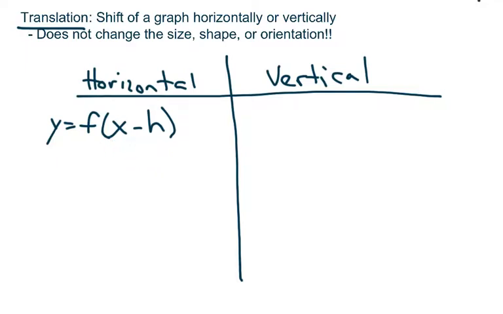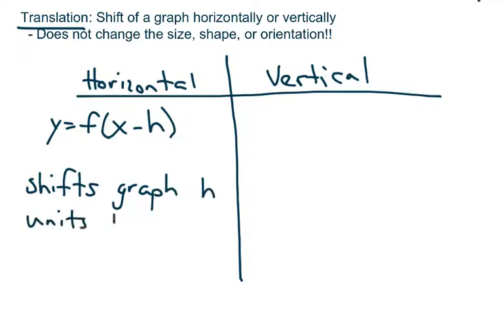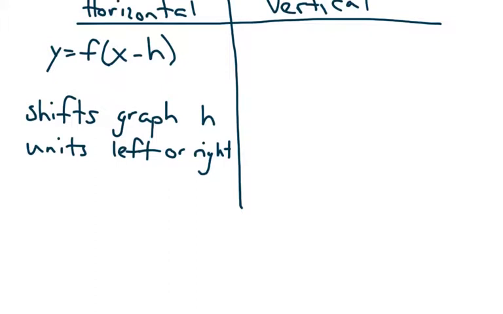What this does is it shifts the graph h units left or right. Another bullet point: with this one, the directions are opposite.